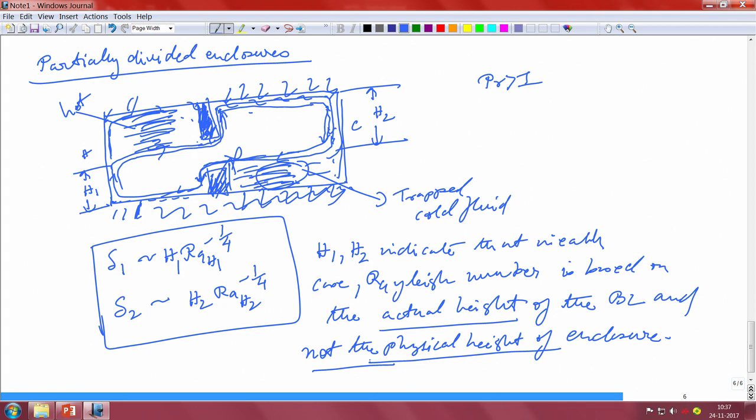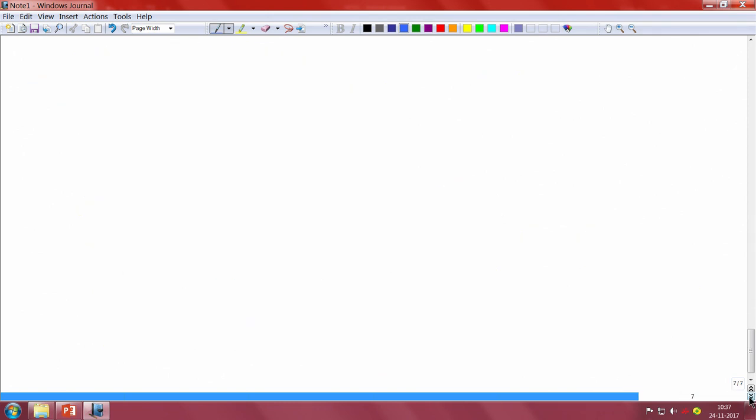Okay, so let us calculate the two thermal resistances. The thermal resistances are delta 1 by k h1 and delta 2 by k h2. These are the resistances.